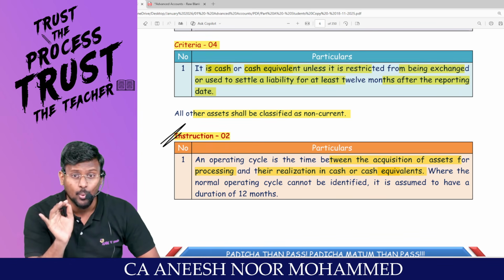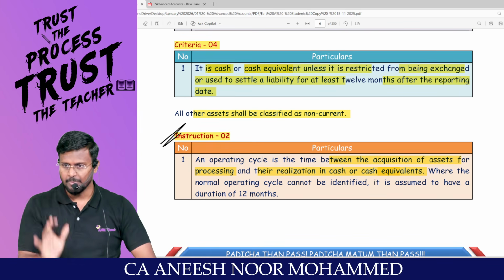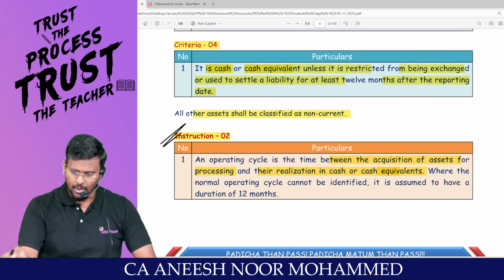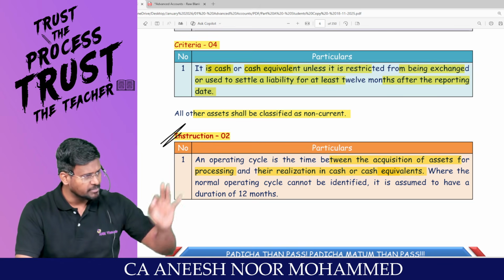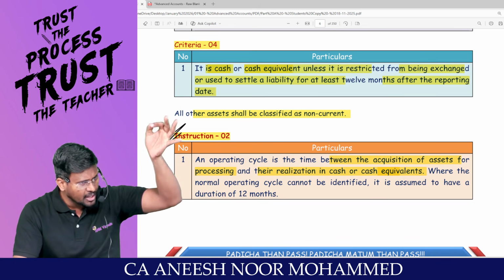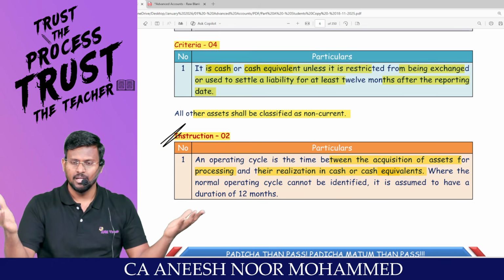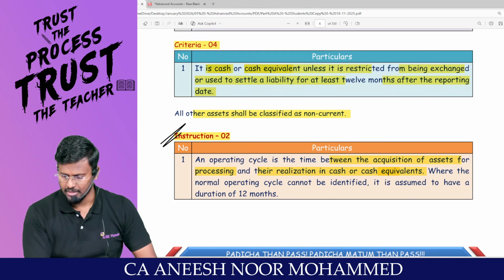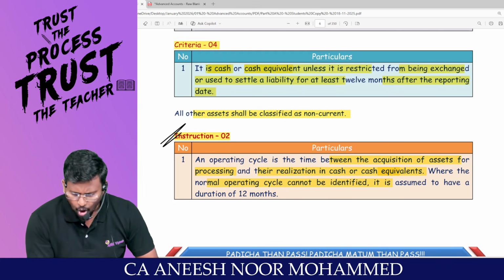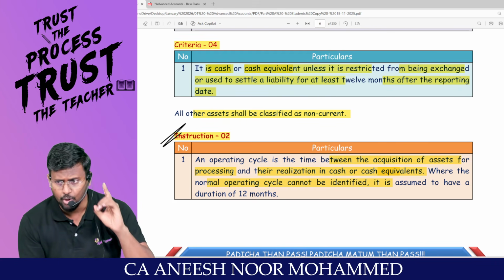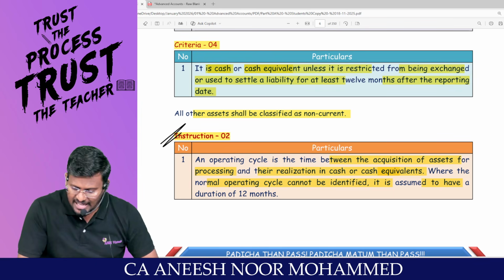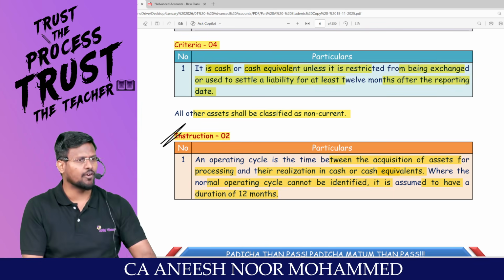How much time are you taking for this? Sometimes today I am purchasing raw material, I am converting the raw material into WIP, WIP is converting into finished goods, finished goods I am selling to the debtor, and the debtor is paying me cash. That's it. That means one cycle has been completed. Where the normal operating cycle cannot be determined, if you, as a company, are not able to determine it, it is assumed to have a duration of 12 months.